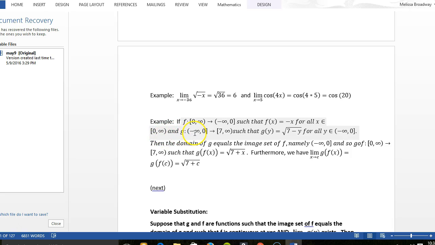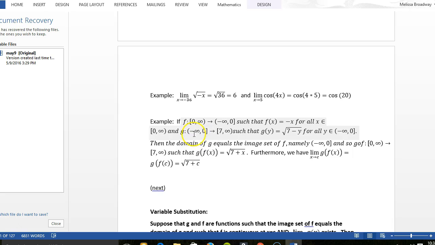And if g is a function from the non-positives into the interval 7 comma infinity, closed at 7, such that g of y equals the square root of 7 minus y for all non-positive y.